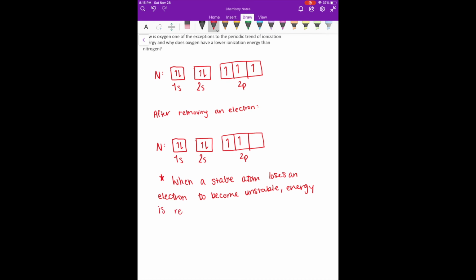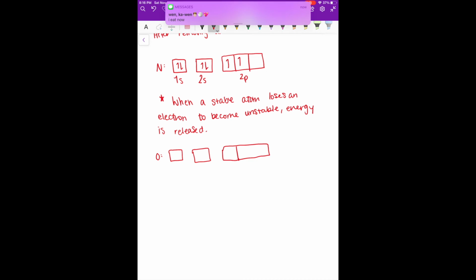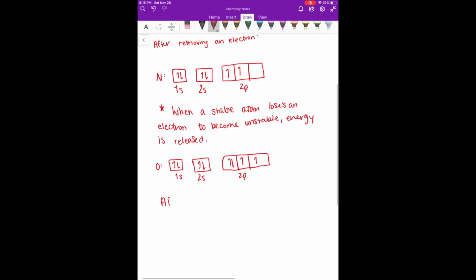The next thing that we can do to compare is draw the electron configuration for oxygen. After the ground state configuration is drawn, we can also draw the electron configuration after an electron is removed.